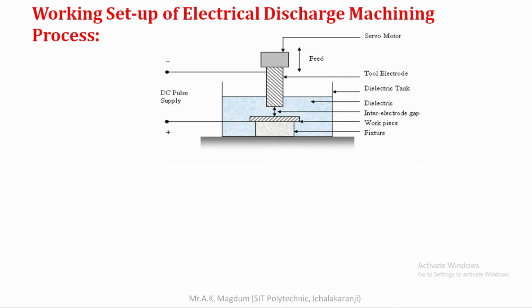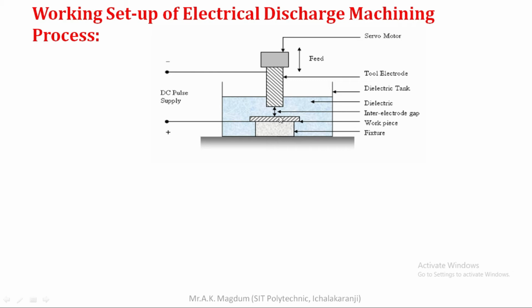Next, the working setup of the electrical discharge machining process. All of you observe the diagram of this EDM process. Here there is a fixture, and the workpiece is mounted over that fixture.